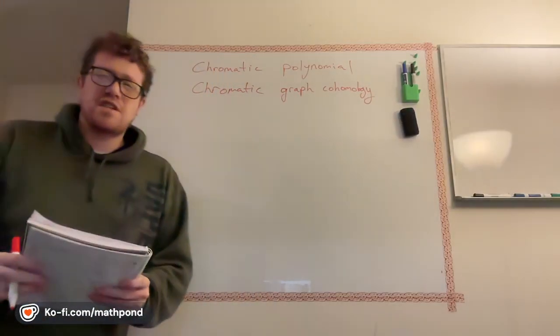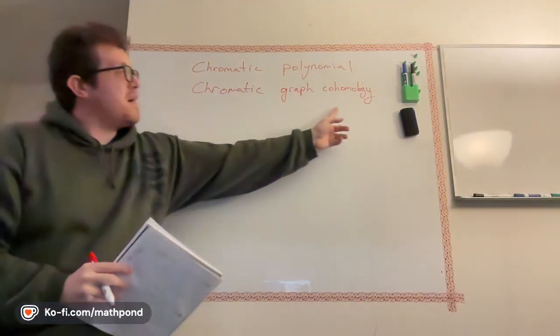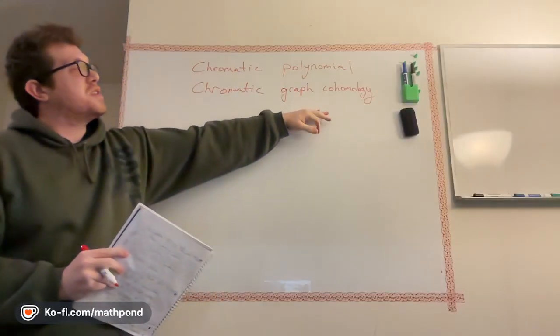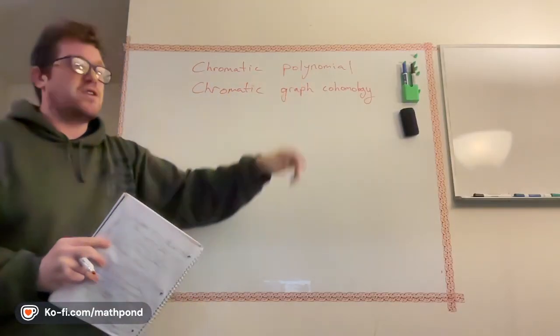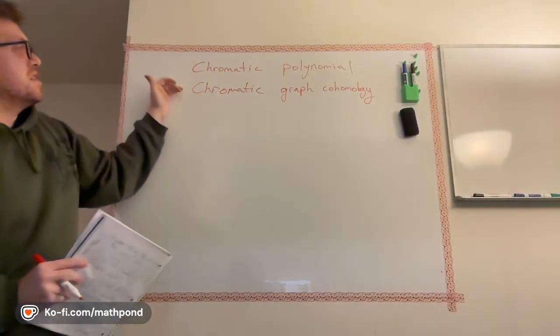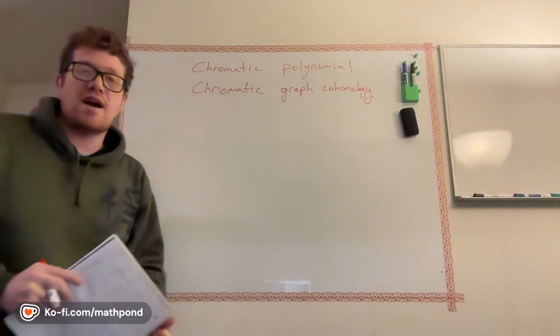There's this construction where you have the graph cohomology, then you take this graded Euler characteristic and you recover the polynomial. So the polynomial is kind of a special case of this graphical homology.